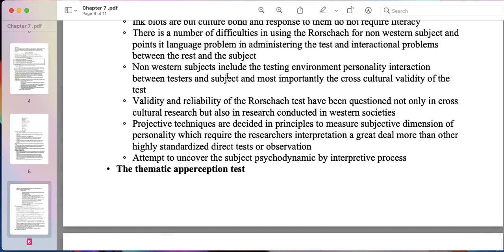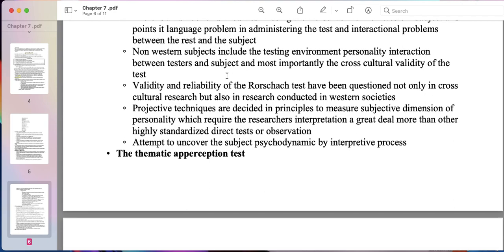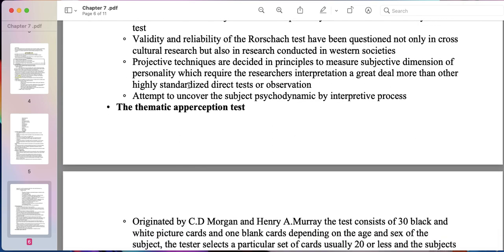These are the problems that come with the Rorschach with non-Western subjects: they include the test environment, personality, interaction between testers and subject, and most importantly, the cross-cultural validity of the test. Validity and reliability of the Rorschach test have been questioned not only across cultures, but also in research conducted in Western societies.